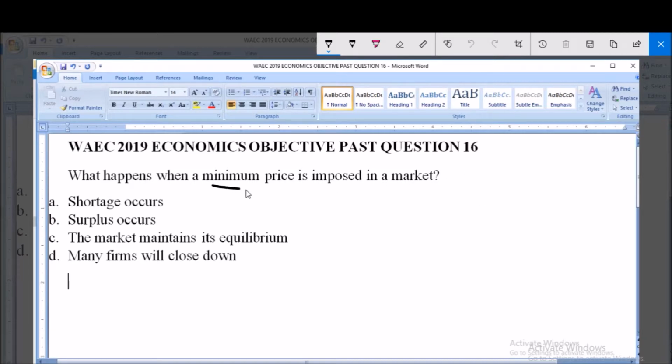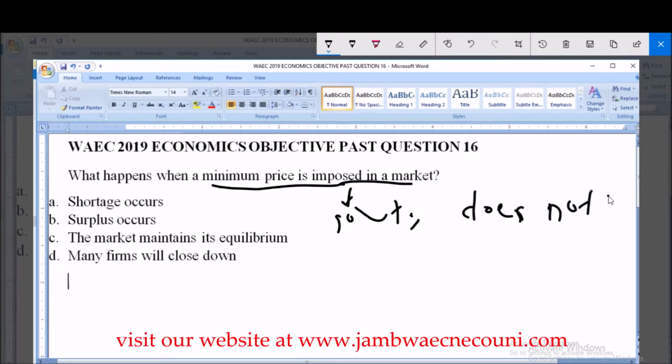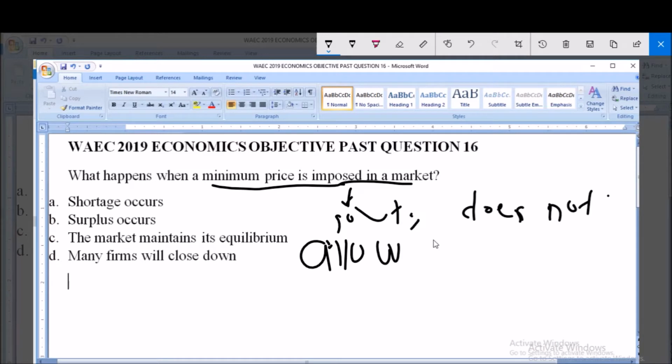Now, minimum price being imposed in a market is usually done by the government of that region or country, and how it happens is that the government does not allow or restrict prices.